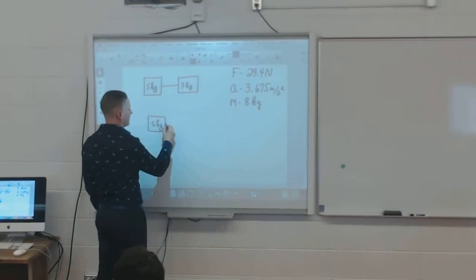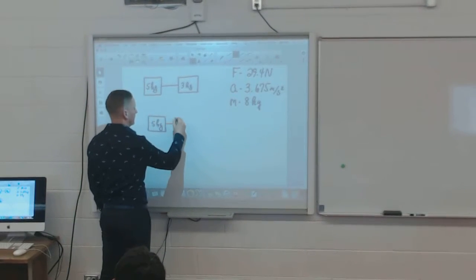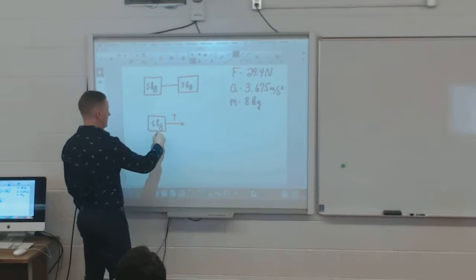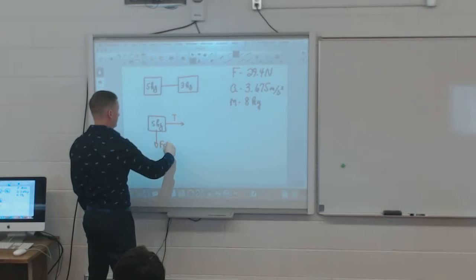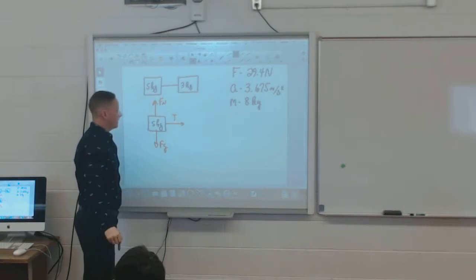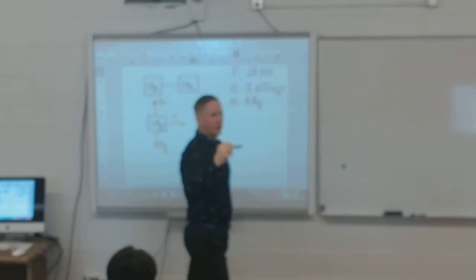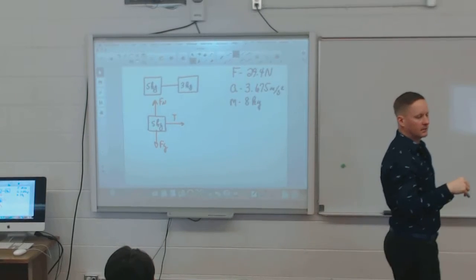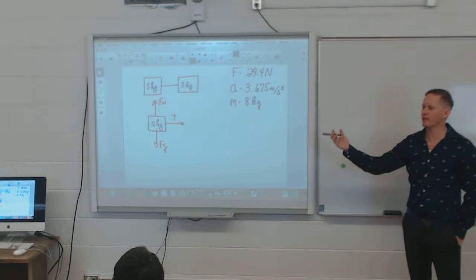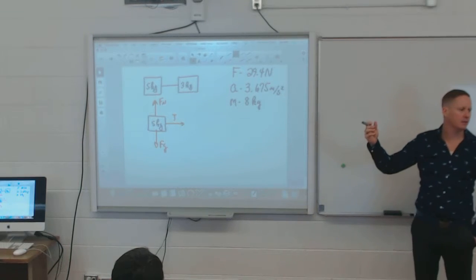So which way is the tension working? Towards the 3. Good. So I have tension. Gravity, force of gravity, and normal force. Is there any vertical net? No, they cancel out because it's on a flat surface, right? So the only force working on it then is the tension. Would you agree with me?